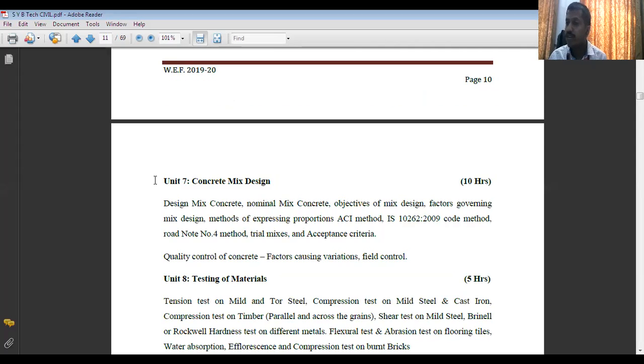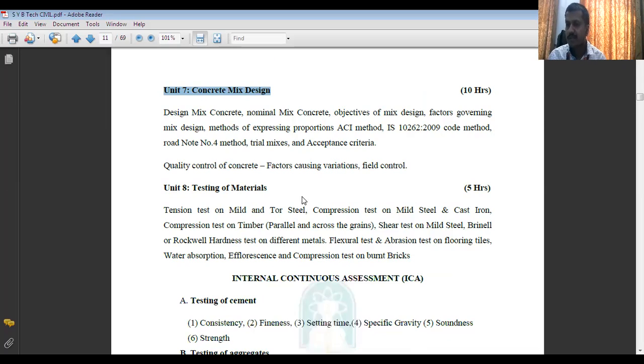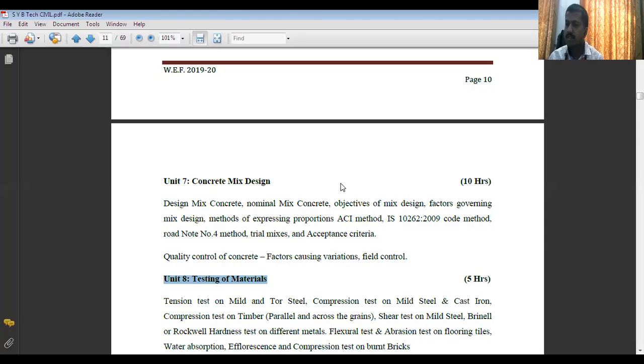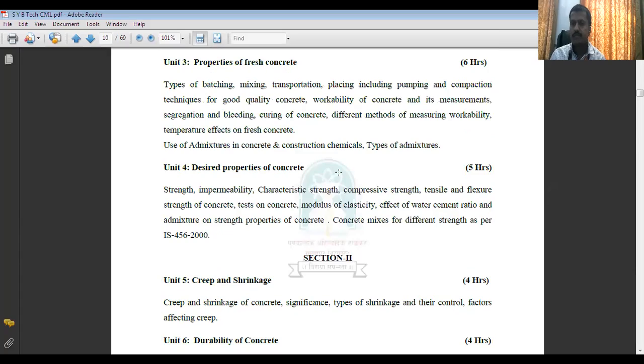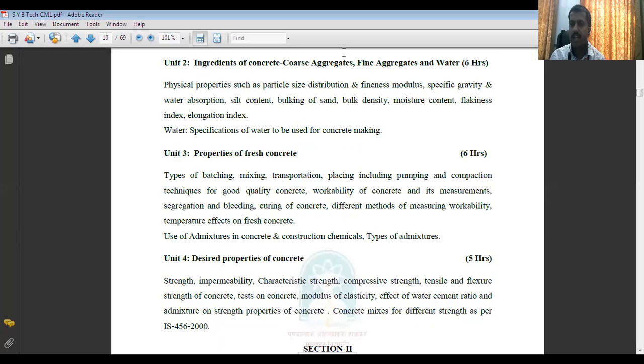The most important chapter is the concrete mix design, so that you come to know why it is so important to have knowledge about it. The rest is the testing of the materials, which is included in your practical sessions as well as theory sessions. Chalo, so we'll start with that.